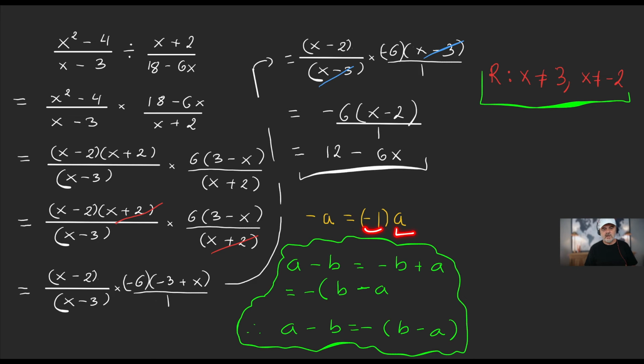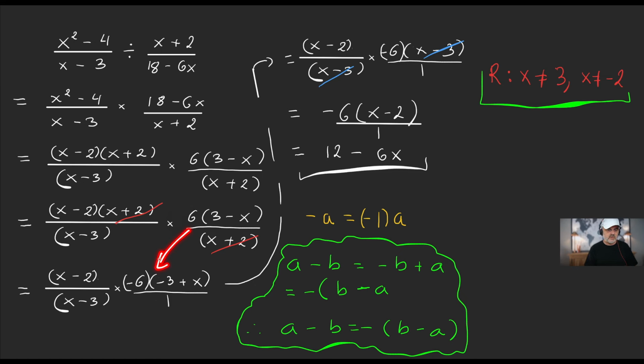So that negative 1 can be recognized as a common factor, and we took out negative 1 from this bracket. So 3 minus x changes to negative 3 plus x, and you have negative 1 in front of 6 because 6 was multiplied by negative 1. This is how that took place.